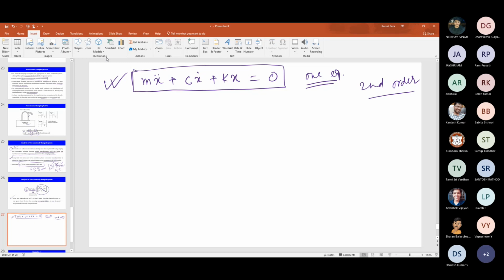We are considering a single degree of freedom system because I want to give one small piece of information about that. This is equally applicable for multi-degree of freedom systems also, but this is just for easy understanding.